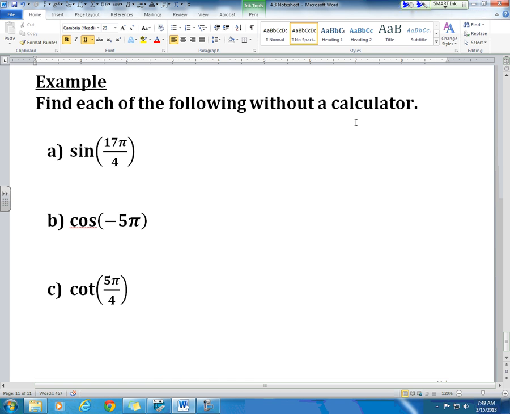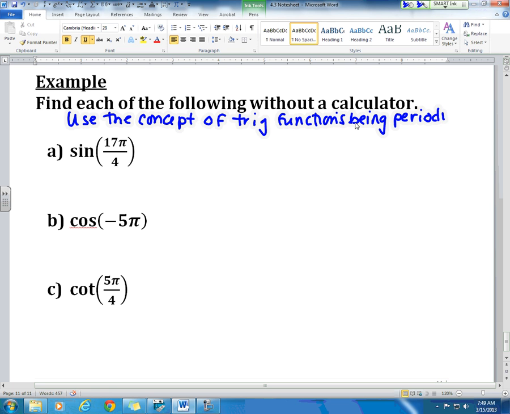I'm going to add to the directions: use the concept of trig functions being periodic to answer this. Because we could get away with doing this through reference triangles and quadrantal angles as well, but we're going to incorporate the idea of functions being periodic, which is going to give you just another tool to work with all these trigonometric functions and ratios.